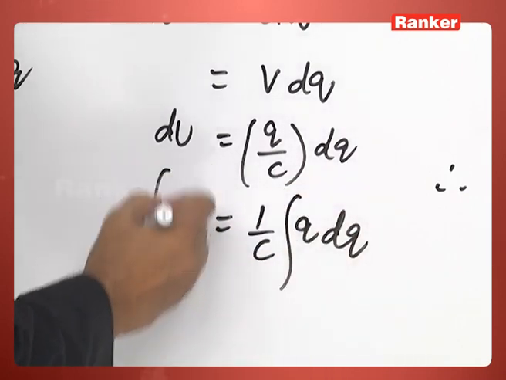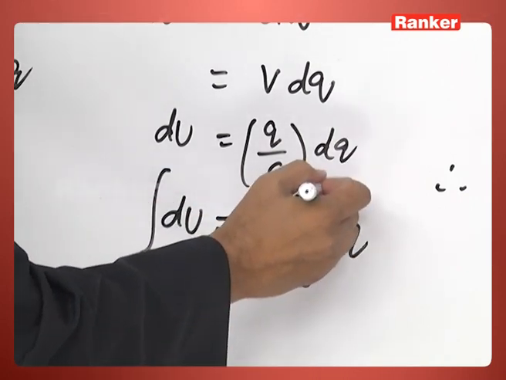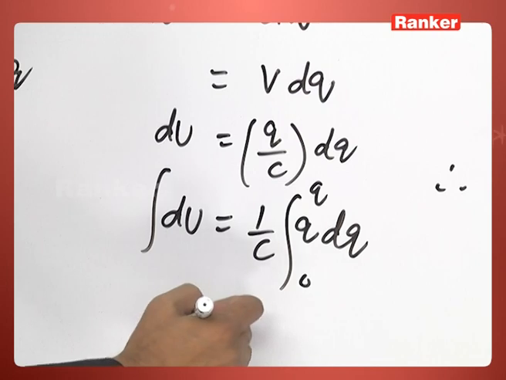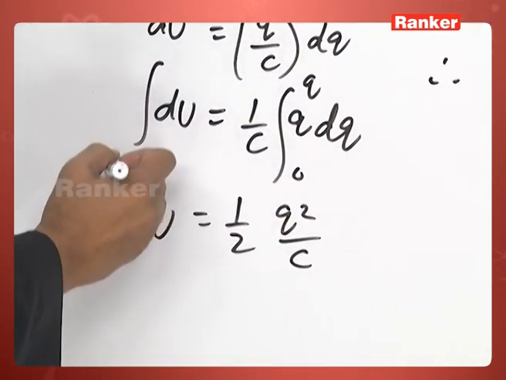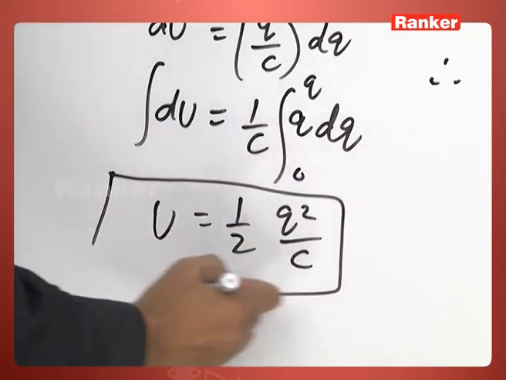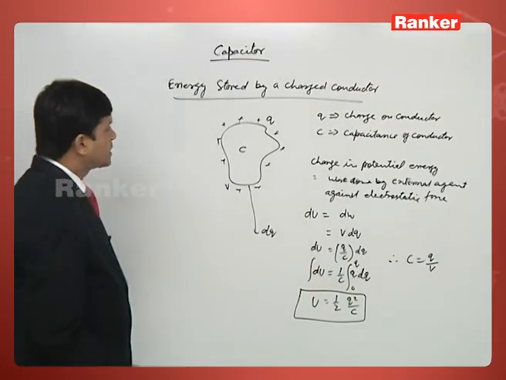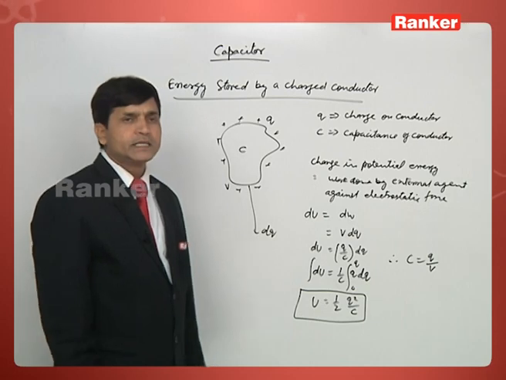Then we integrate from 0 to total charge Q. U is equal to half Q square by C. This is the amount of energy stored in a charged conductor.